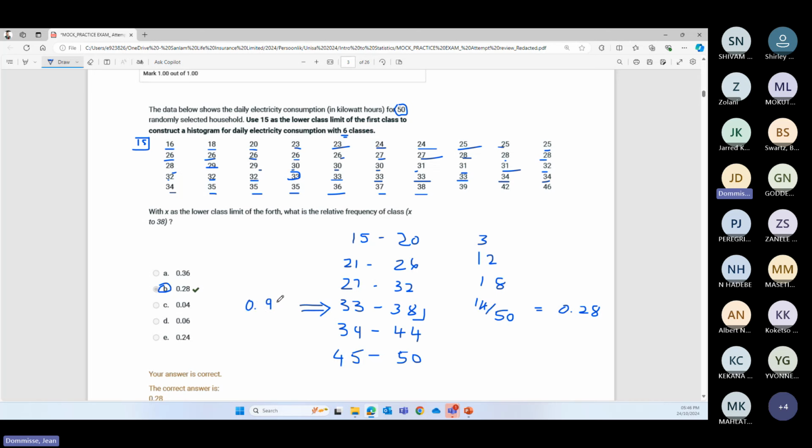So that is if we wanted the cumulative frequency. Okay, so those are just different things that they can ask.